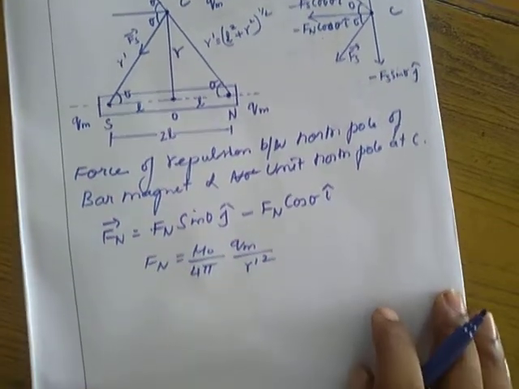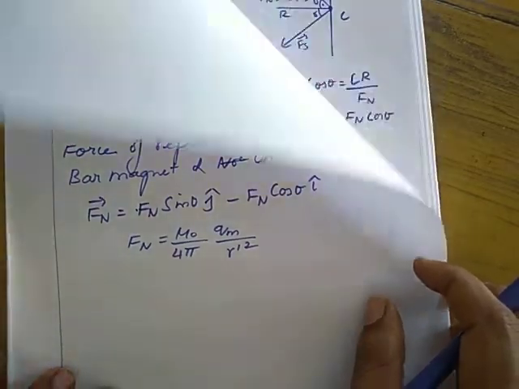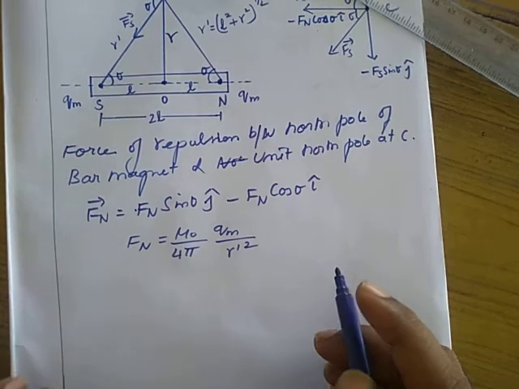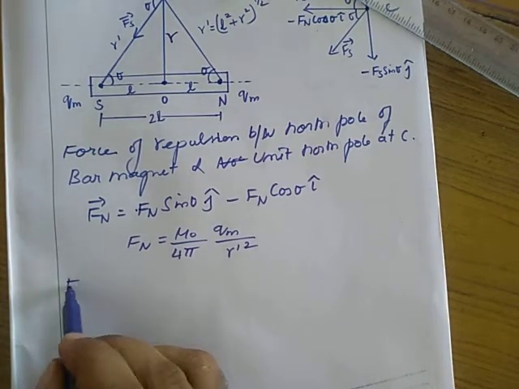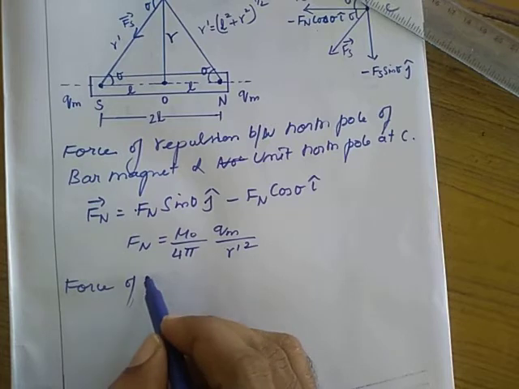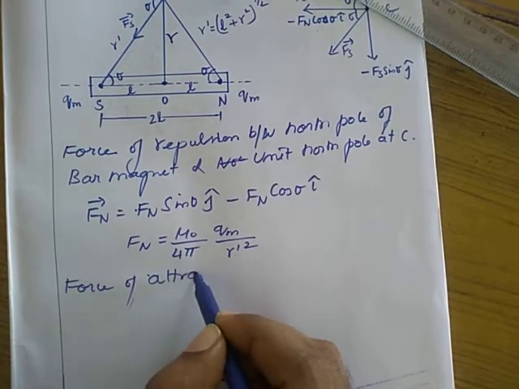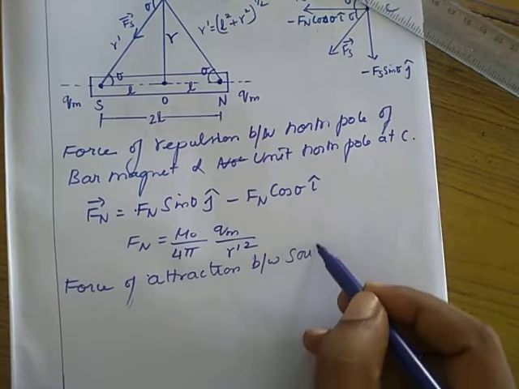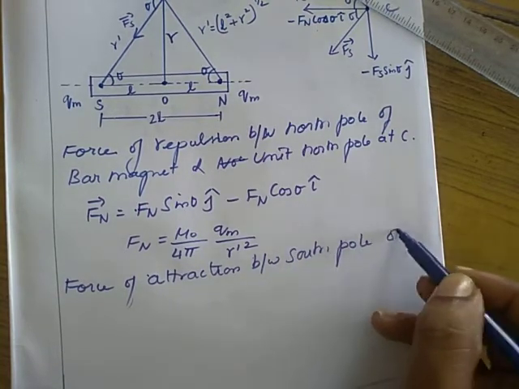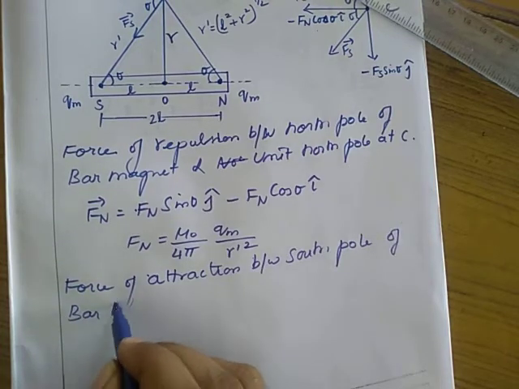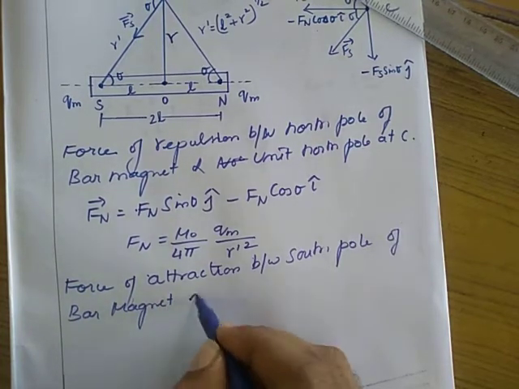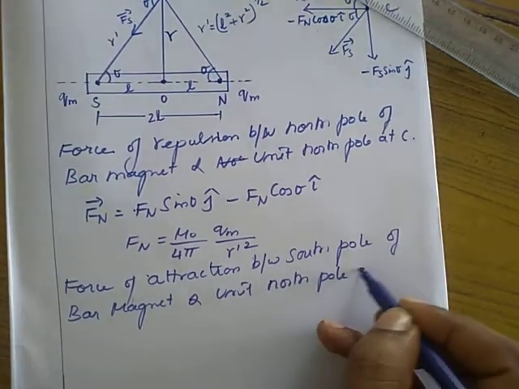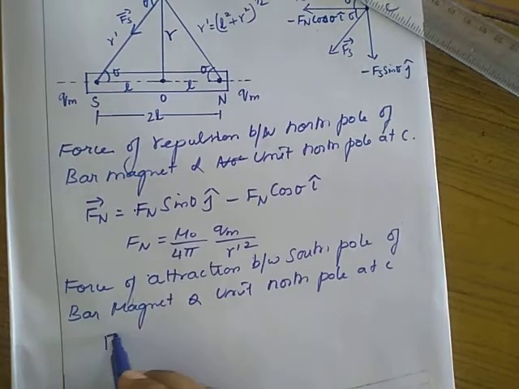Then we find the force of attraction between the south pole of the bar magnet and the unit north pole at C, that is Fs vector.